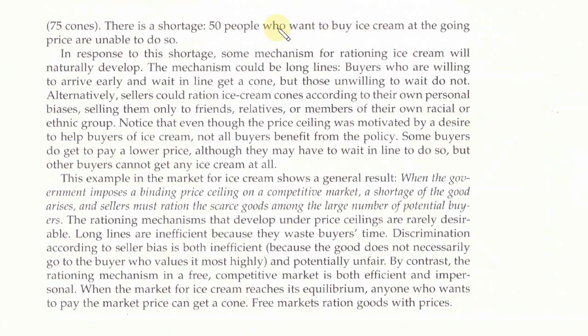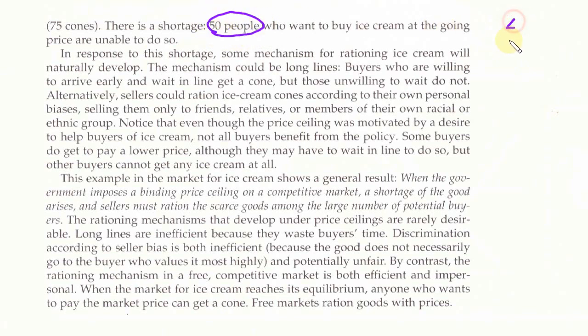As you know, I explained that there is the ice cream cone, and 50 people who want to buy the ice cream at the price are unable to do so. There is the shortage, right?